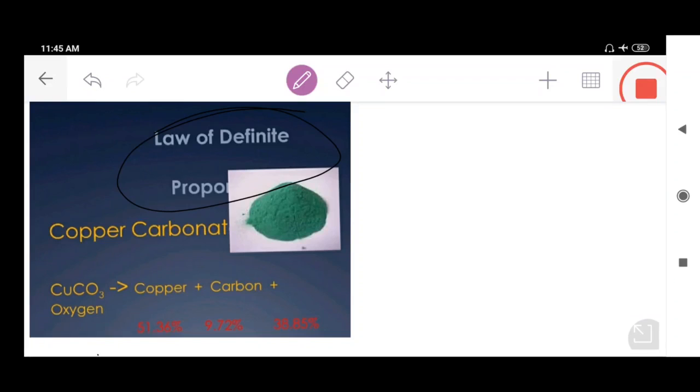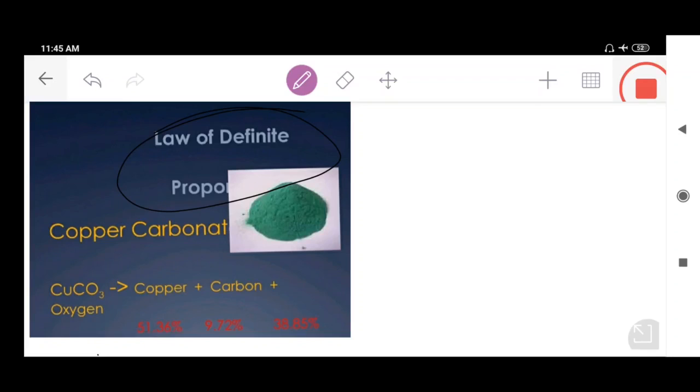We discussed this law in the previous two or three lectures, and I made you understand what the law of definite proportion is. I would like to add one more example here.